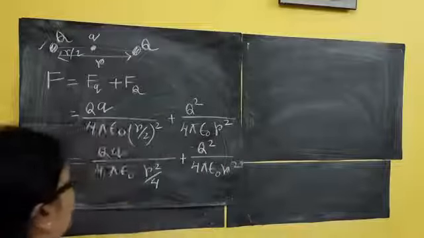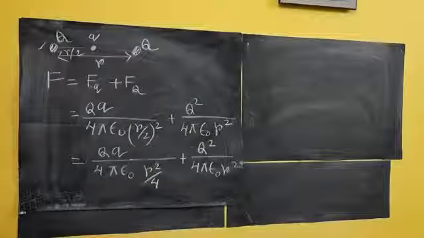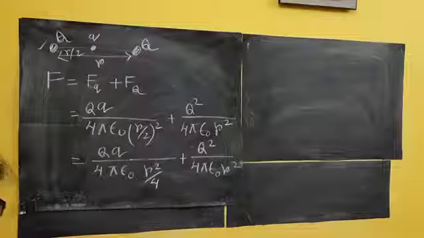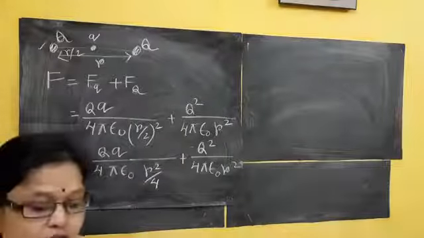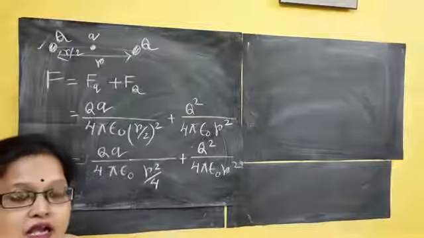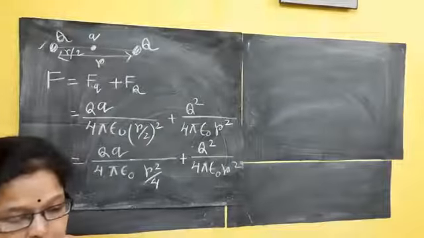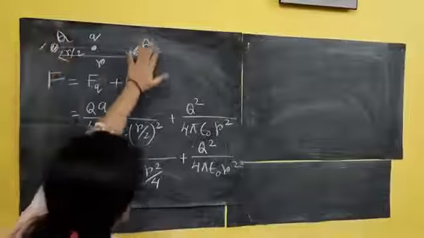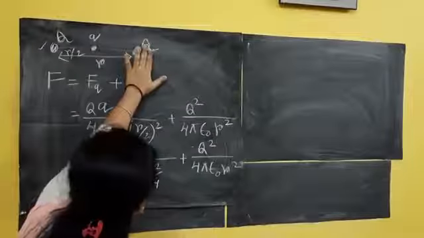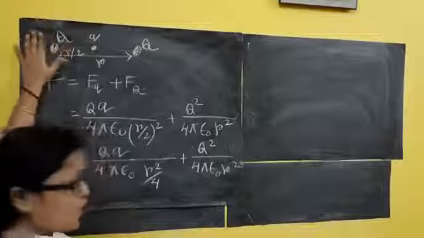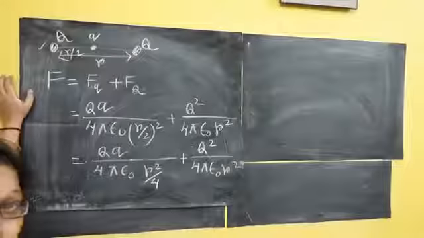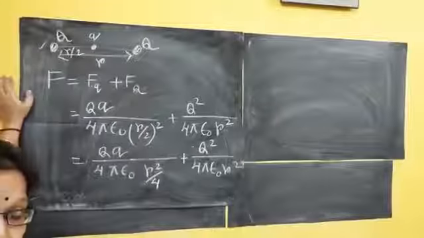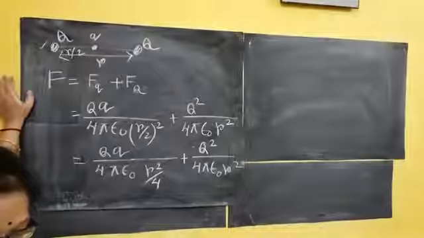Clear? Now see, if I am going for this force, that is at equilibrium. Clear? At equilibrium, what is happening? This force will be balanced by this force, means the force given by this and the force given by this will be equal and opposite to each other. That is the equilibrium concept.